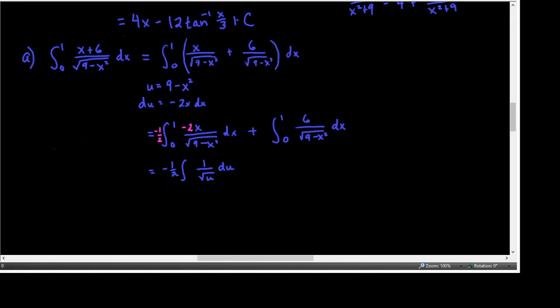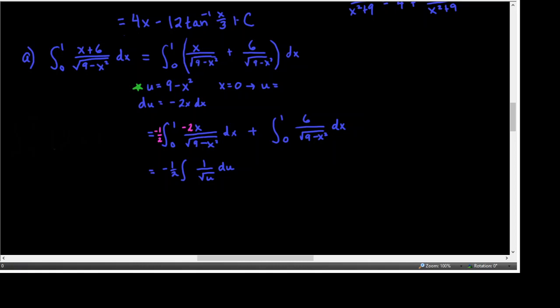Now, since this is now a du integral, the upper and lower bounds of this definite integral have to be values of u. So I'm going to go back up here and talk about, well, if the lower bound is x equals 0, what is the corresponding value of u when x is 0? And the equation I'm going to use for that is my u substitution equation.